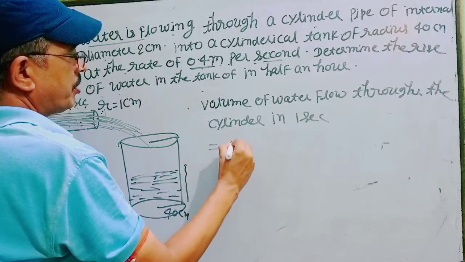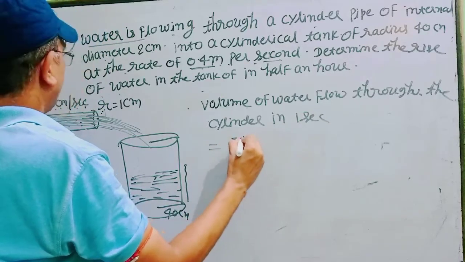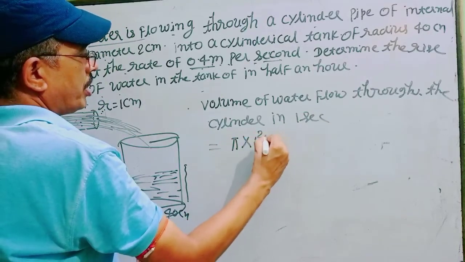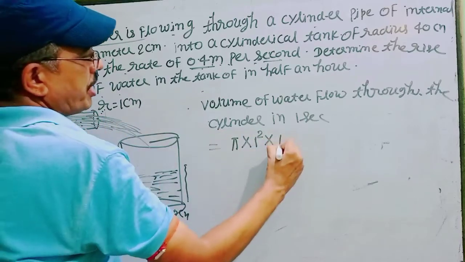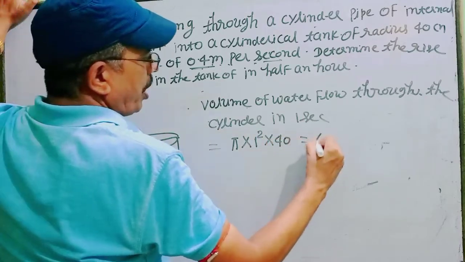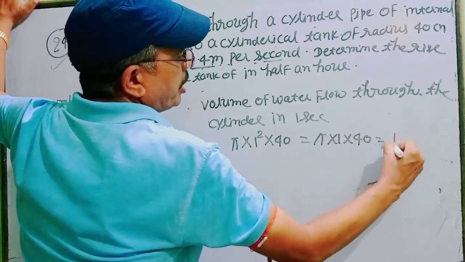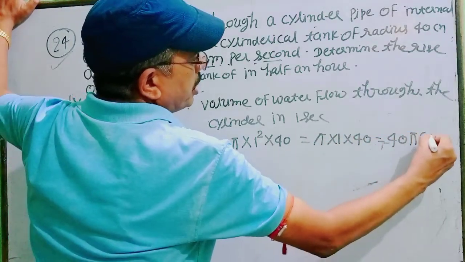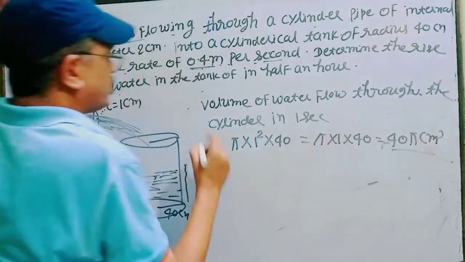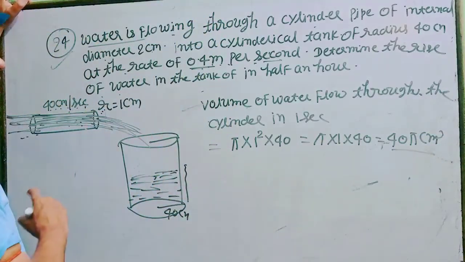That is pi r square, that is 1 square, and height is 40 cm, then it is pi into 1 into 40, that is 40 pi centimeter cube of water flows through the cylinder in 1 second.